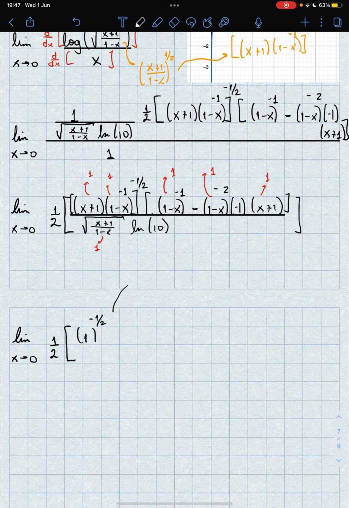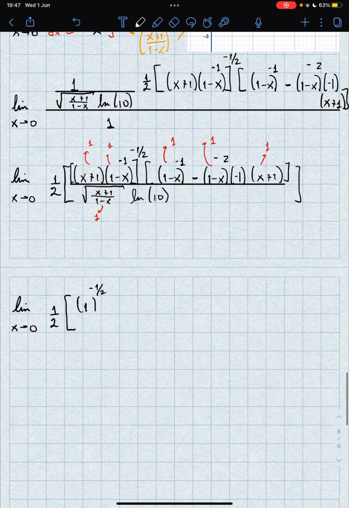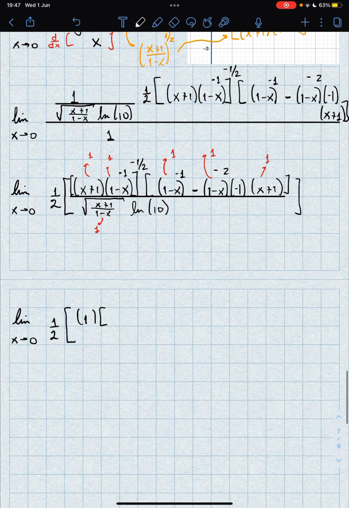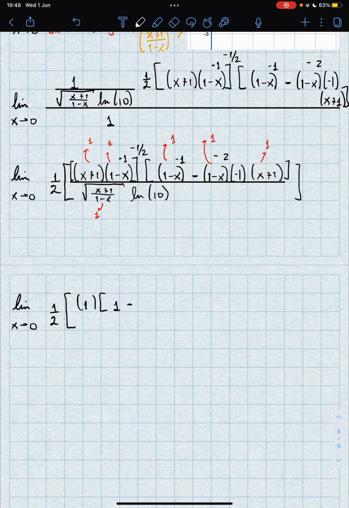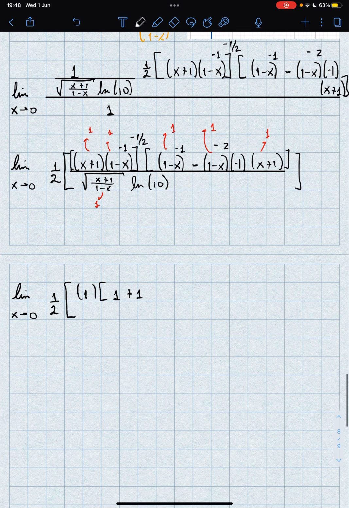This at the end is going to be 1 over square root of 1, but this is 1 at the end. So at the end, all of this structure that you're seeing here is 1. So I don't care. And this is 1. This is 1. And here I'm going to have 1, right? Minus, but this minus and this minus, it's positive. So it's going to be plus 1. And this multiplied by this 1, so at the end it's 1, right?